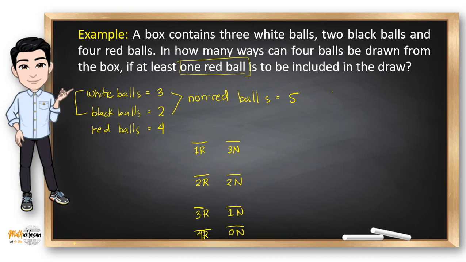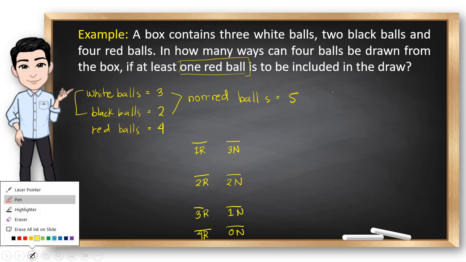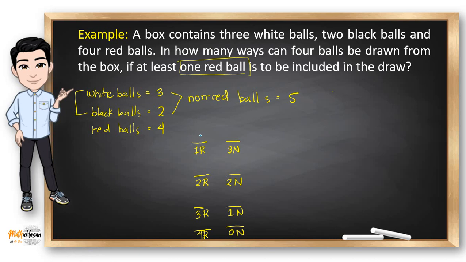Now, for us to use the combination formula, just like in the previous example, we identify the number of combinations that we could get given our total number of options for red balls. In the first one, we need to select one red ball from the four red balls in the box.